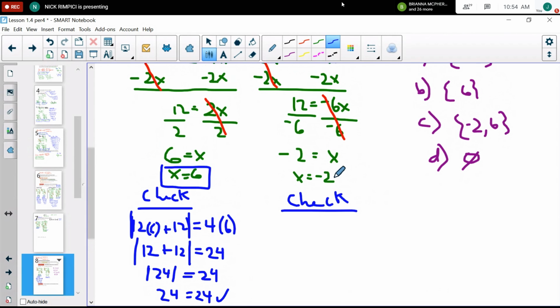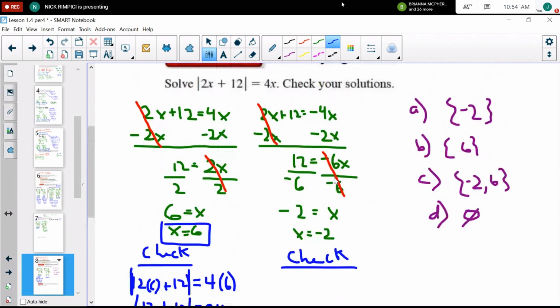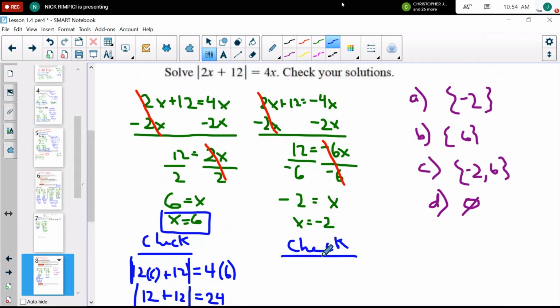So let me take negative 2 and substitute it back into the original like I did with 6 and do the same thing. So this says the absolute value of 2, I'm replacing my x with negative 2, plus 12, close the absolute value symbol, equals 4 times negative 2.